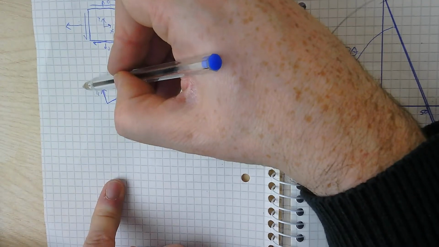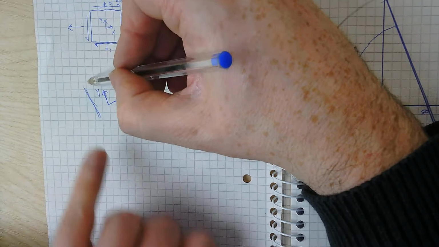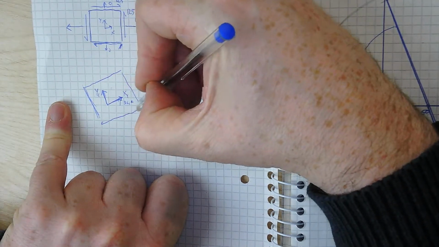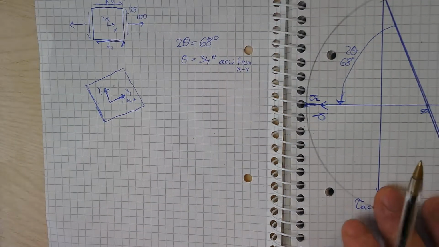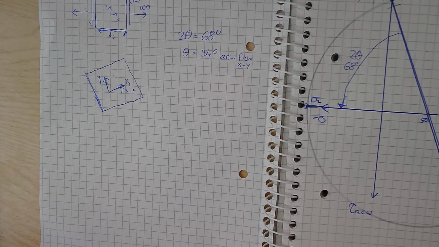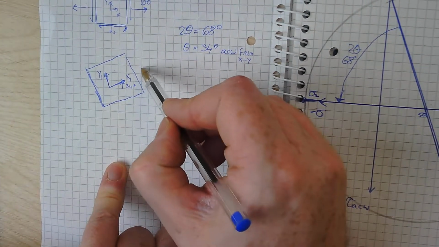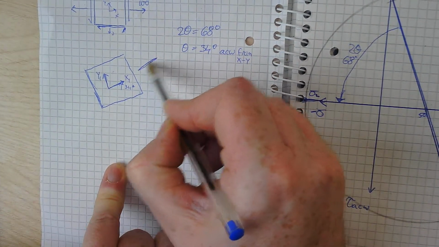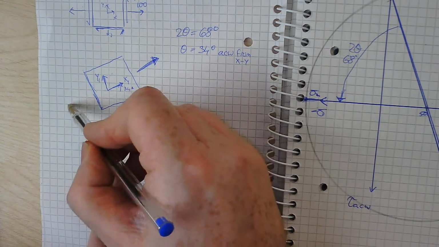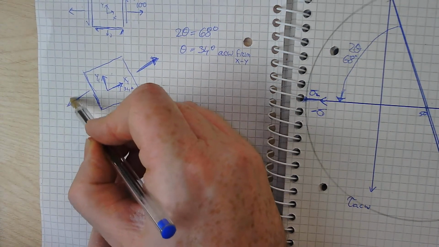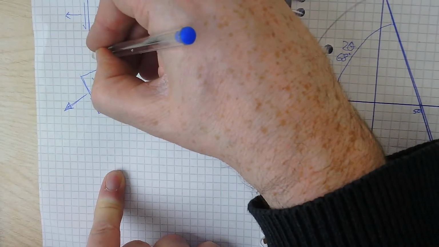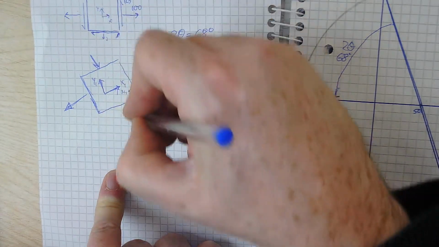In that coordinate system, if you were to sketch a stress element like so, 34 degrees rotated anti-clockwise from your original coordinate system, in this coordinate system you would actually have much more tension, and you would actually have a compressive stress, sigma 2, this way.